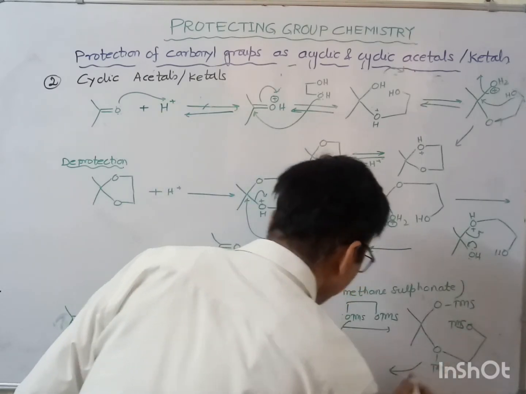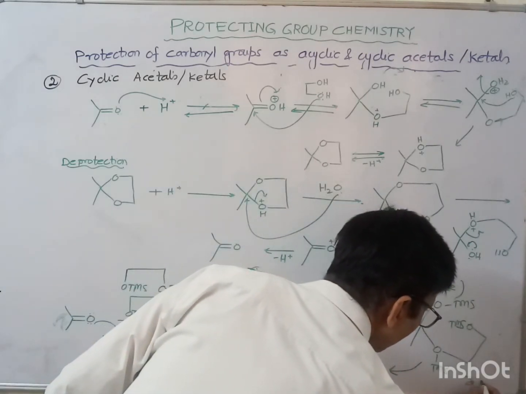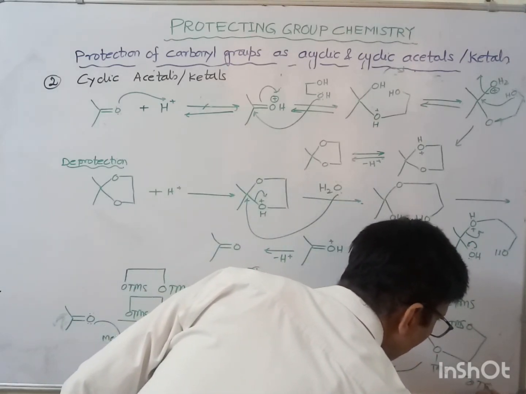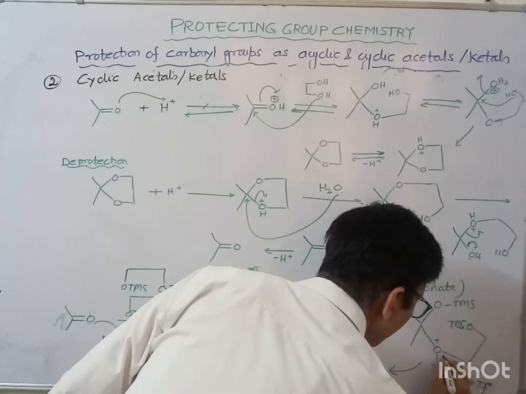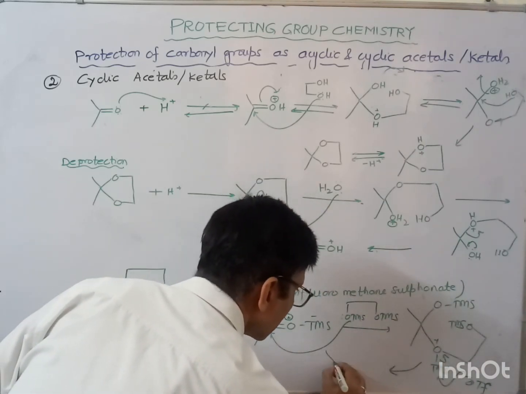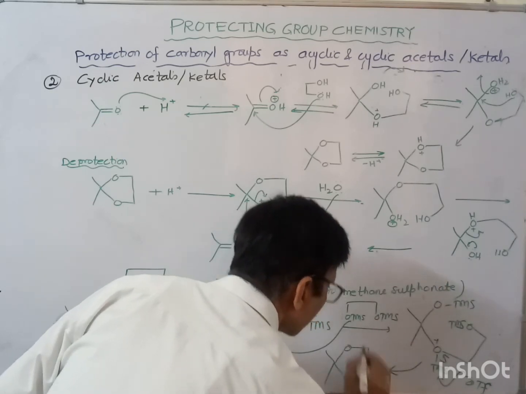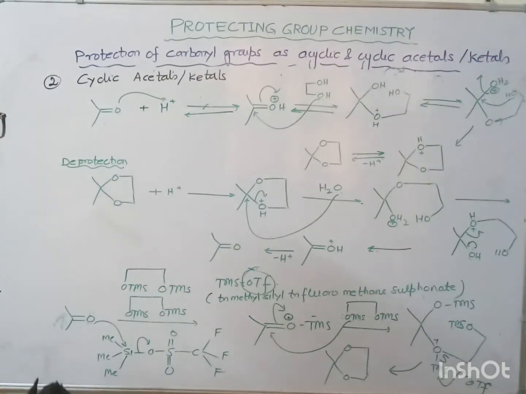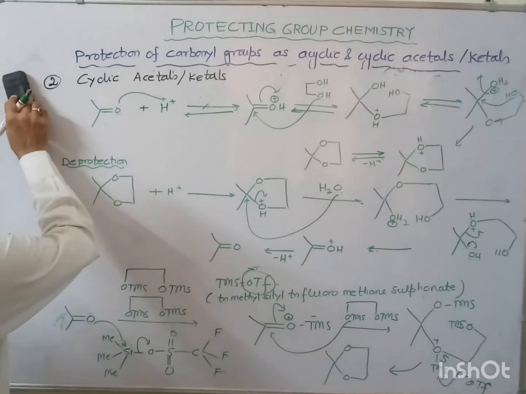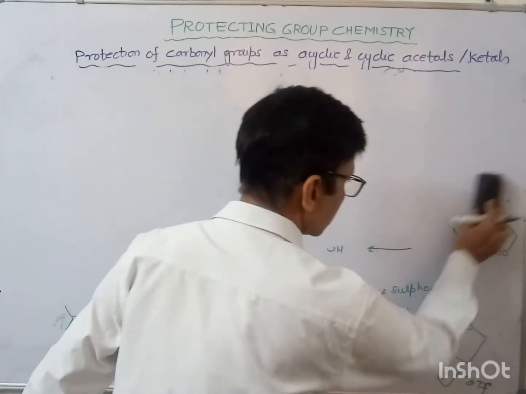So this TMS group will be removed by this OTf group, and finally this will get cyclized, and the TMS group will be removed, to give the cyclic acetals. Okay, so like this. So this is for protection and deprotection of cyclic acetals and ketals. Now we can see the thioacetals and ketals.